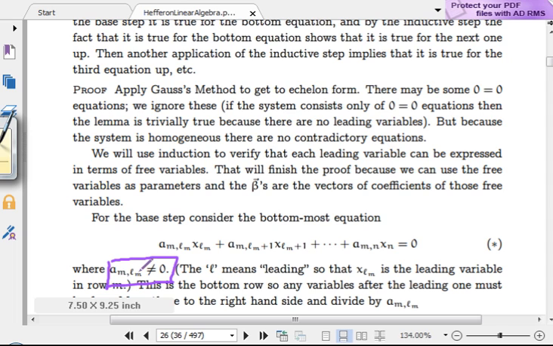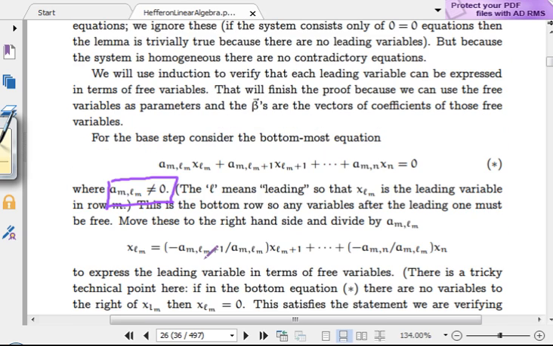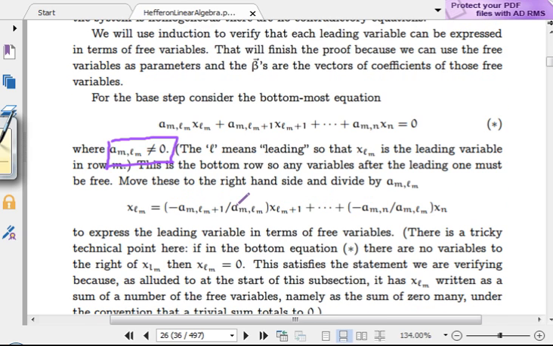Since this value is not 0, that means I can solve this equation for x_{L_m} by moving everything to the right and dividing by the leading coefficient. And that gives me x_{L_m}. Now, this is exactly what I wanted. I found the leading variable in this last equation in terms of the free variables.